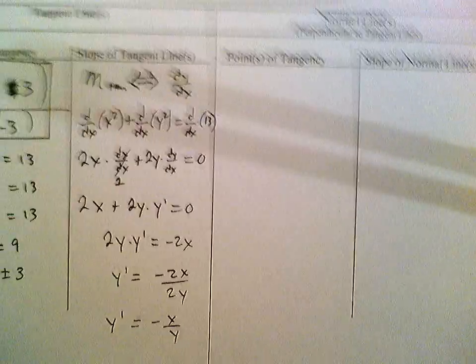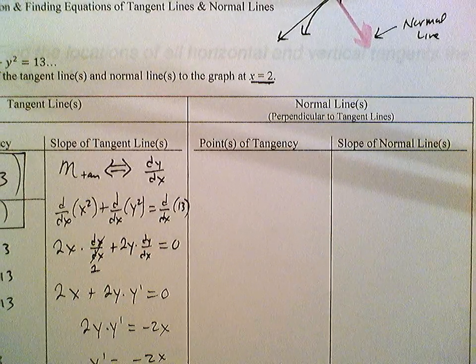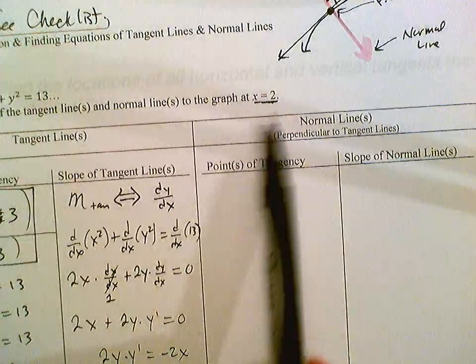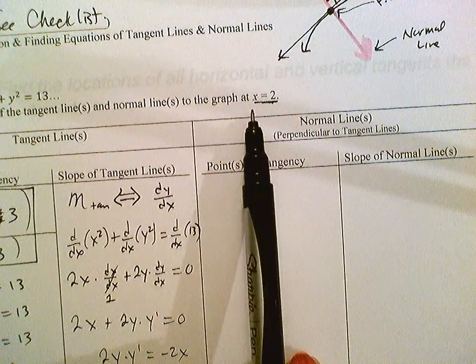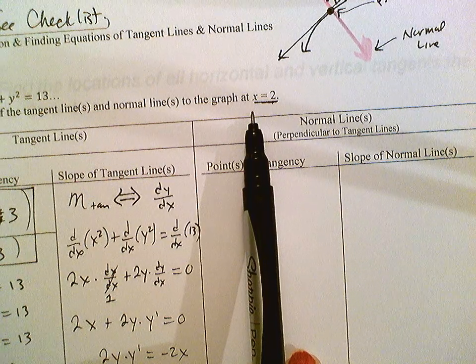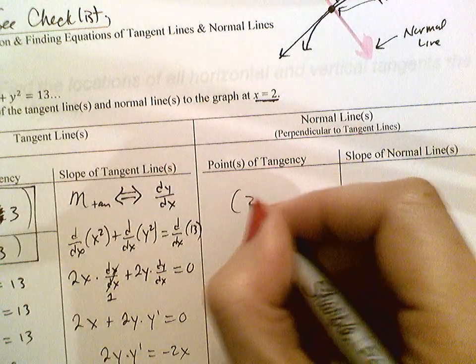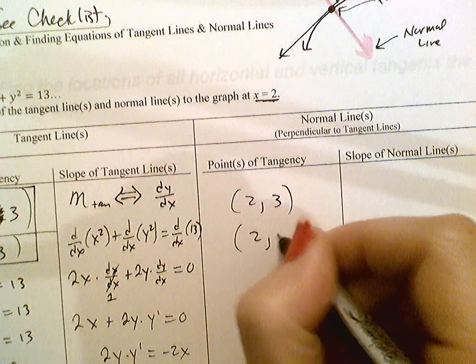Now for the normal lines. For the normal lines, you still use the points of tangency, and we're using the same x-coordinate. They want the tangent and normal lines at the same x-coordinate. So we're still going to have (2, 3) and (2, negative 3).